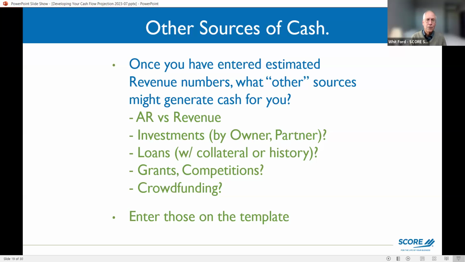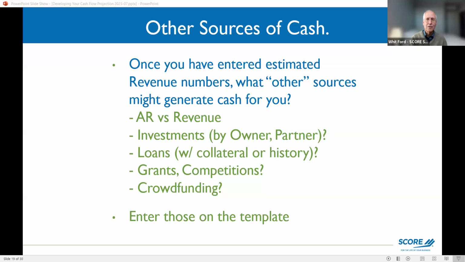So think about your other sources of cash as well. The template doesn't spend a lot of time going into this, but I talked about them earlier. If, for example, you expect your revenues to be growing in part because you are going to start offering terms to your customers, you're going to let them pay in 2 weeks or in a month or something like that, the minute you start doing that, even though you've made the sale in a month, you're not going to see the cash for all of your sales in that month.